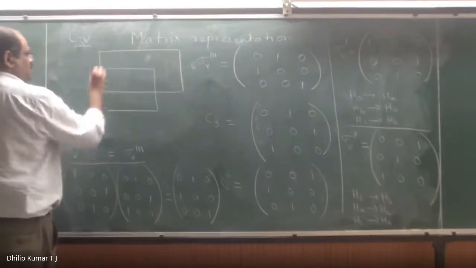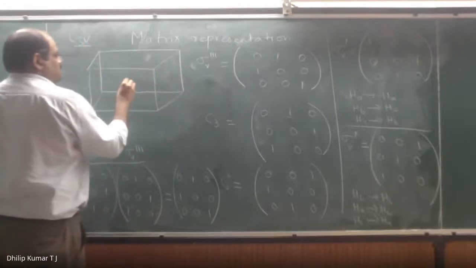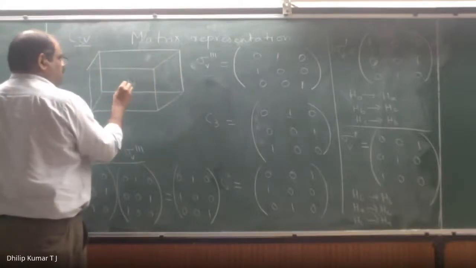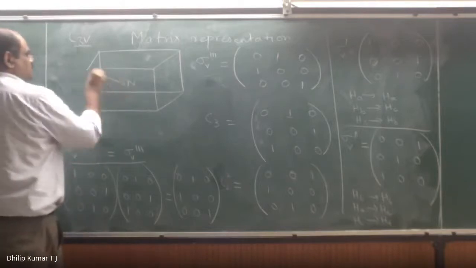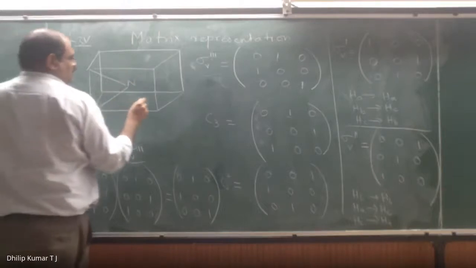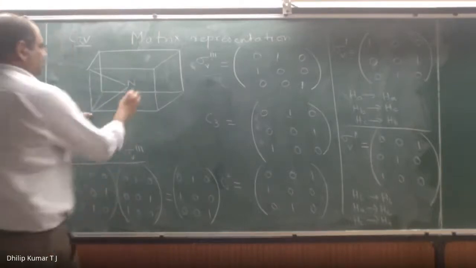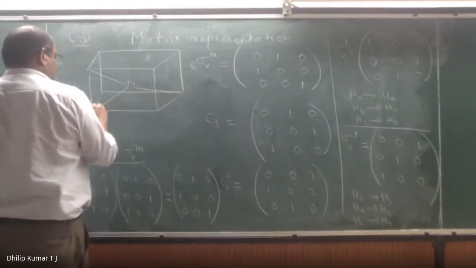So, nitrogen center, and then it occupies 3 positions. So one is, you can say, the bottom of it. Other one front side. So other one is here. So we can say this is outside the plane.